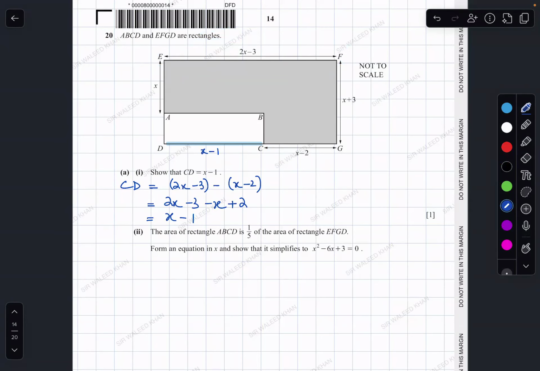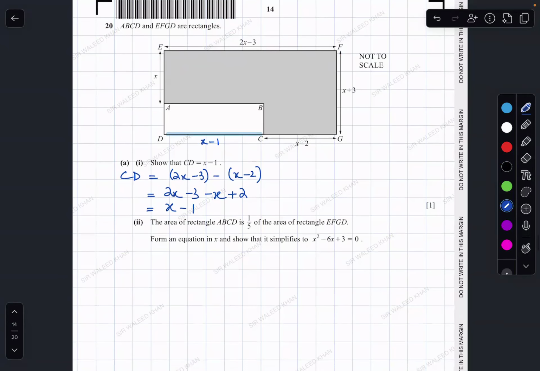The area of rectangle ABCD is 1/5 of the area of this rectangle. So they can give you a statement which we have seen in a lot of papers. All you have to do is turn it into an equation, just as they have written it.